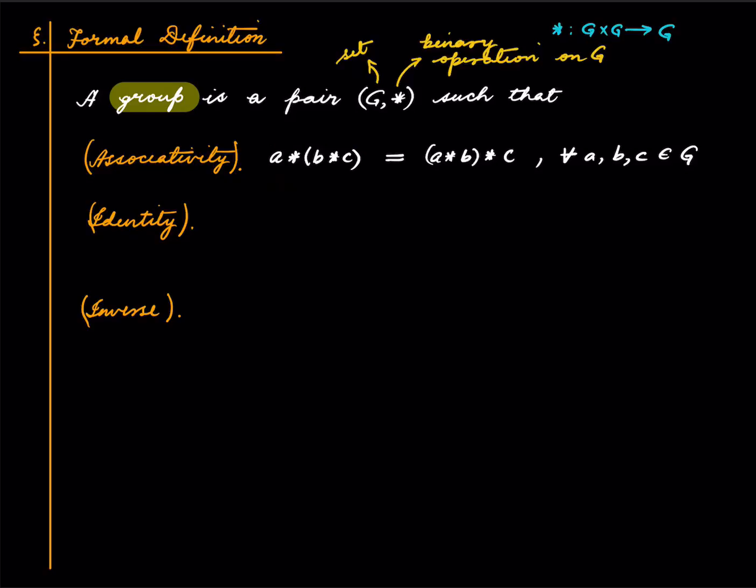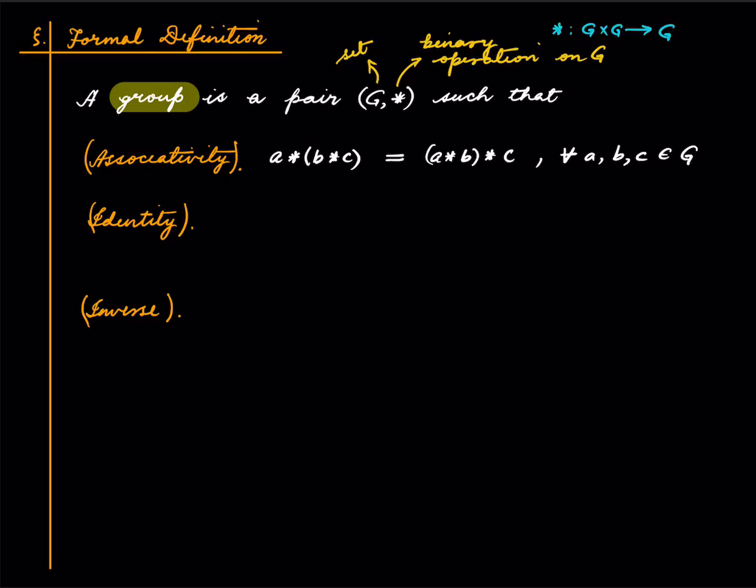For instance, you can think about real numbers. In real numbers, for instance, (2 plus 3) plus 5 is the same as 2 plus (3 plus 5). So we have abstracted this particular property out. That's the associativity property.